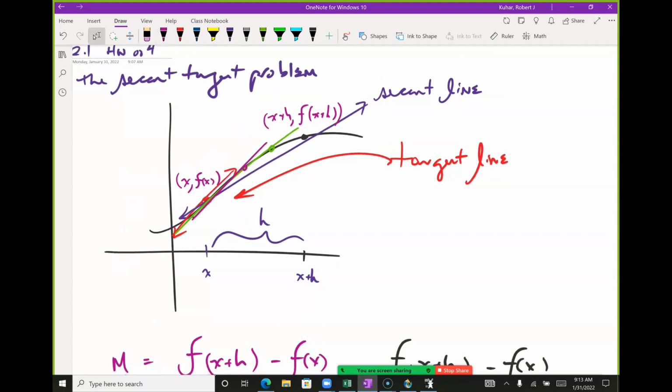Those secant slopes are getting closer to the tangent slope. And so the book is going to have you calculate secant slopes and guess for the tangent slope. That's a limit, right? And what I'm going to have you do is calculate the tangent slope, right?